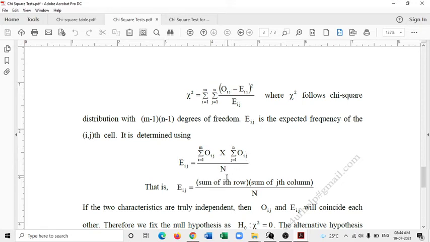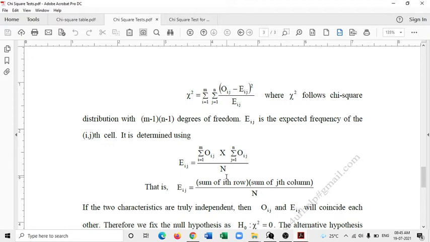That is, the ijth cell expected frequency is obtained by the product of the sum of the ith row and the sum of the jth column divided by the total frequency. This uses the property that the probability of A intersection B is equal to the probability of A into the probability of B when A and B are independent.